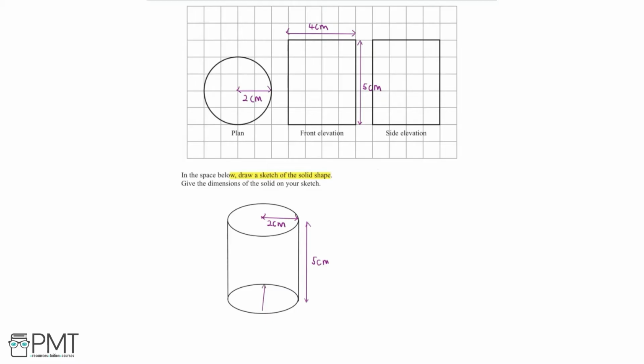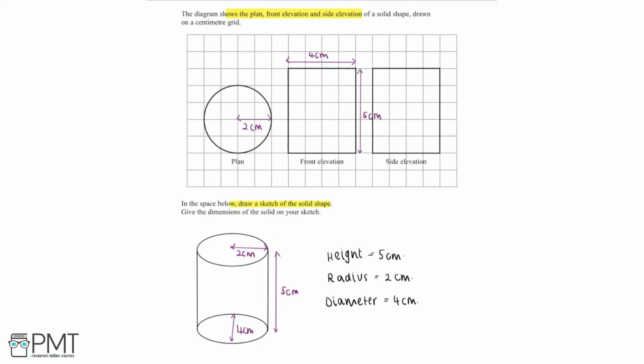And so we can say that this length is the diameter. So we've now seen that the diameter of the circle is equal to 4 centimetres, which makes sense because we know that the radius is 2 centimetres and the diameter would be twice the length of the radius. And so using the plan, front elevation and side elevation of a solid shape, we've now drawn this solid shape with the correct dimensions on our sketch.